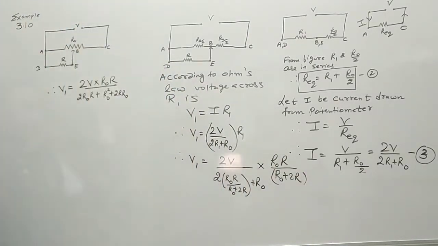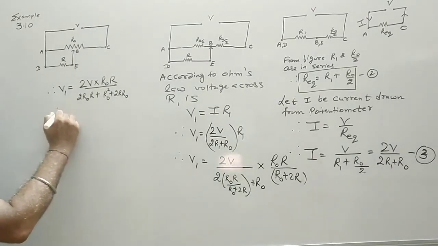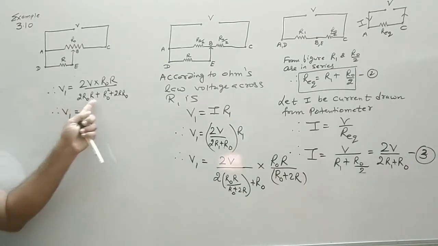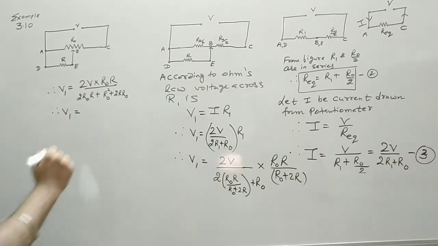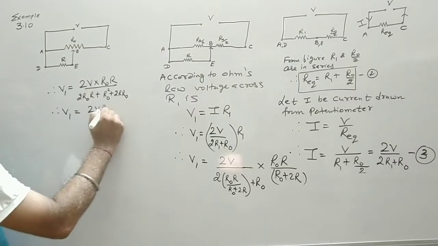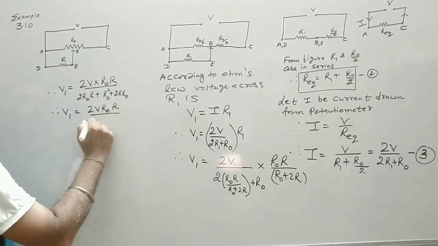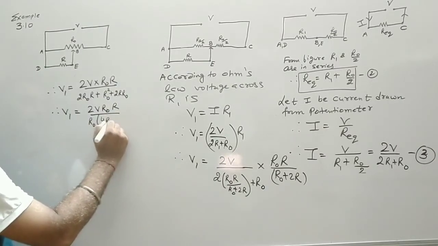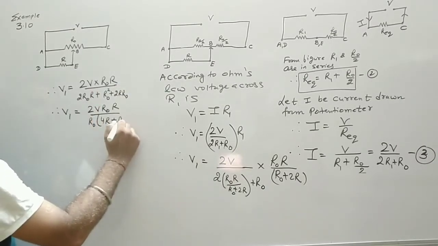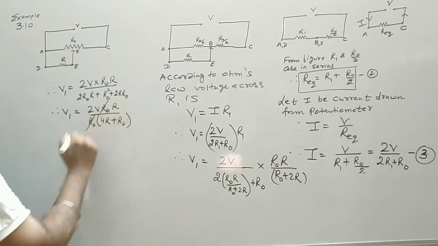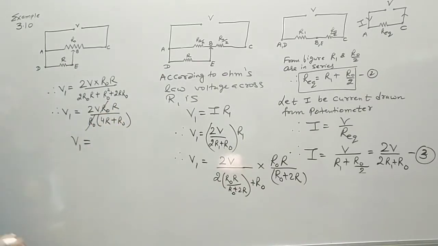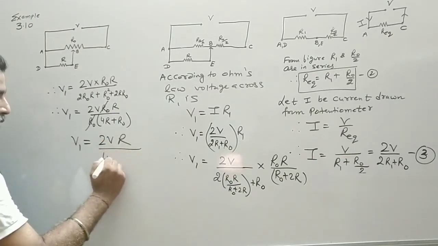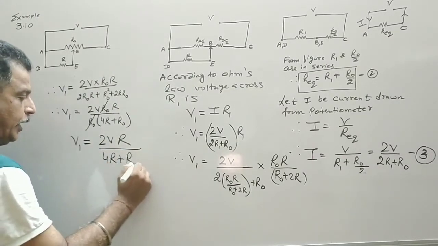So you are left with this equation. Therefore, V1 is equal to, now if we see this, we have R0 as a common here. So twice V R0 R upon R0 is taken common, so twice R, that is 4R, plus R0 square. So we have R0. This R0 is cancelled. So V1 is equal to twice VR upon 4R plus R0.